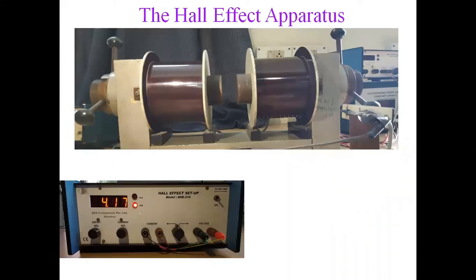You observe there are two displays. One is for observing the current in milliampere. The other is to observe the voltage, that is the VH value, in millivolt. So both are measured in milli. And there is a knob. If you connect the knob in this direction, you will observe the current.